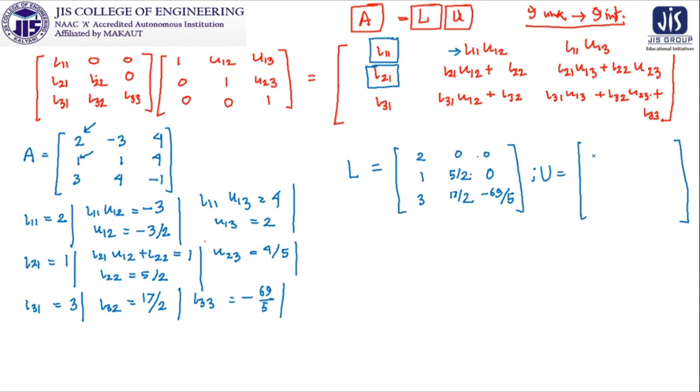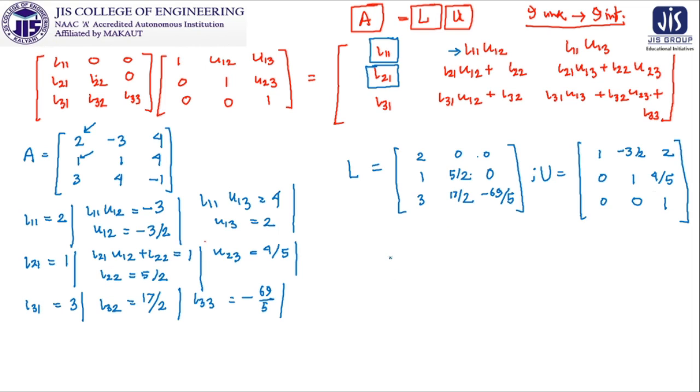And in case of U, it is 1, then U12 is minus 3 by 2, then U13, that is 2, after that 0, 1, and U23, so it is 4 by 5, and it is 0 0 1.